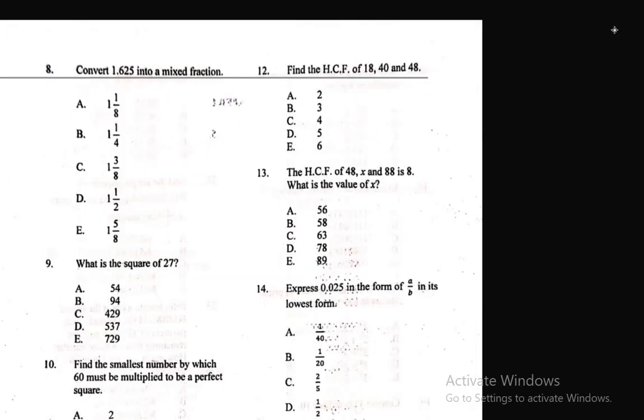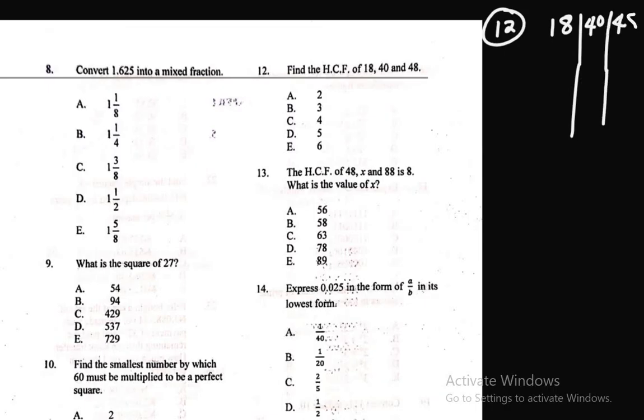We are done with question 11. So let's take a look at question 12. Question 12 says, find the HCF of 18, 40, and 48. Like I said earlier, for HCF, you must use a number that is able to divide through all the numbers.